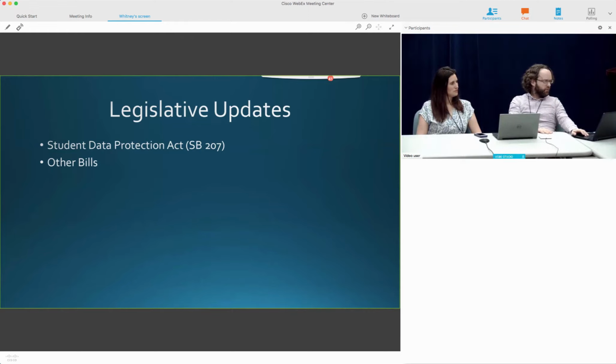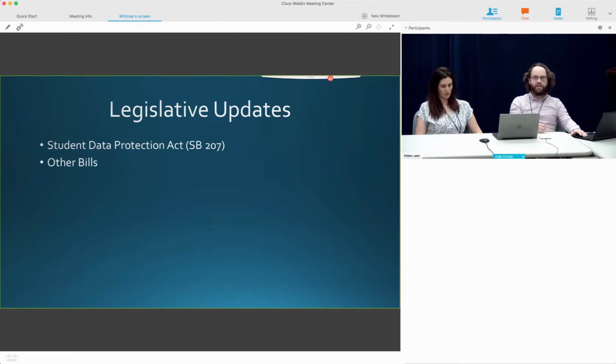And I don't think there was anything too major on the third-party contractor side of things or on the penalty side of things. So we will probably put out some more very specific guidance on what is different now. I just wanted to go over the main parts of what is going to change in the Student Data Protection Act.